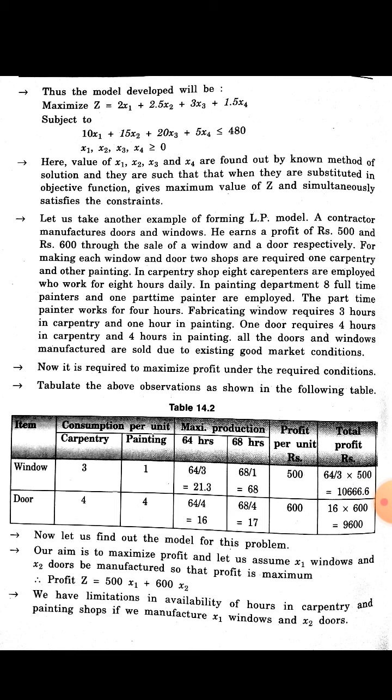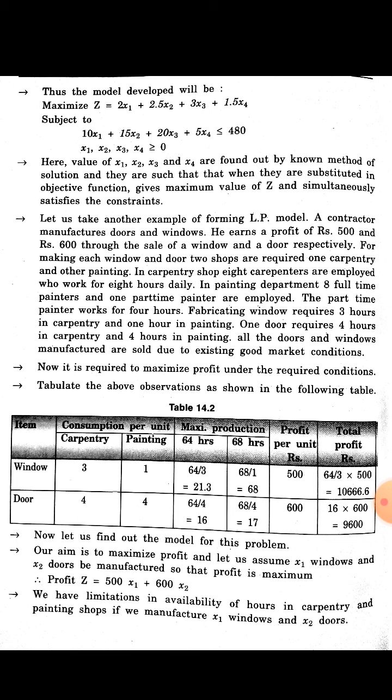Now the profit per unit is 500 for a window and 600 for a door. So the total profit in rupees: 64 divided by 3 multiplied by 500, that is 21.3 multiplied by 500, we get the answer 10,666.6 rupees.